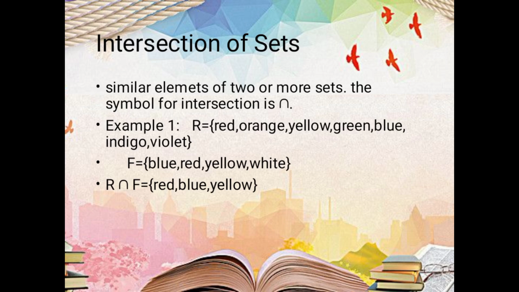And F is equal to blue, red, yellow, and white. So the intersection of the two sets, R intersection F, is equal to red, blue, and yellow. So red, blue, yellow are the same or similar elements of the two sets.